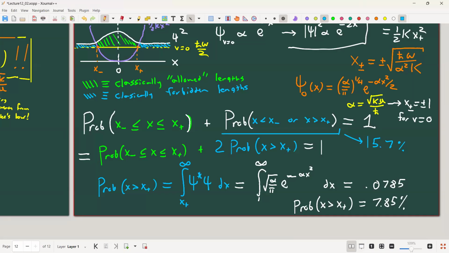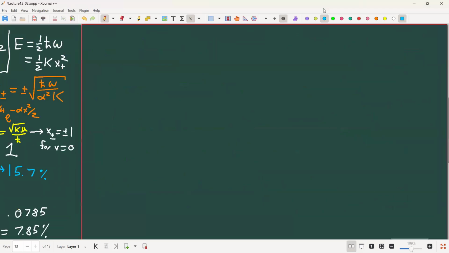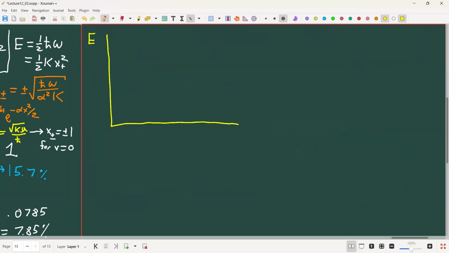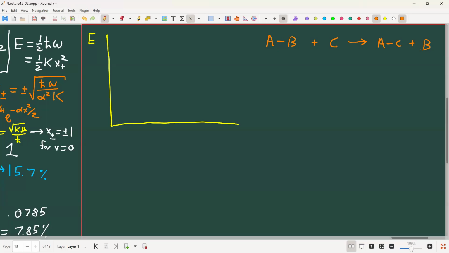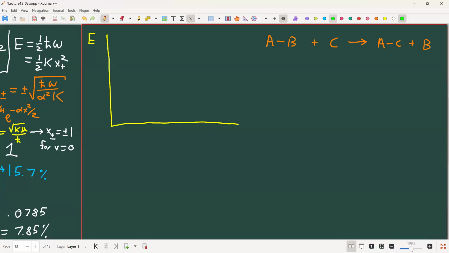Let me show you an interesting example of where this becomes important in chemistry. Imagine we have a reaction where A B, a diatomic, collides with C to form A C plus B, a substitution reaction. I want to think about this reaction, and I'm going to draw a reaction coordinate for this mechanism.